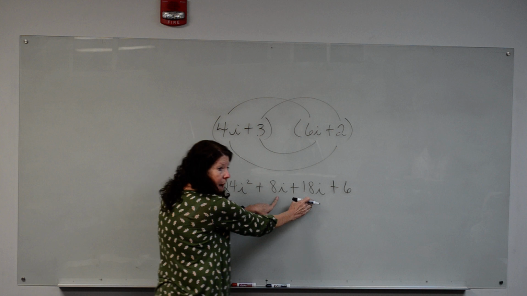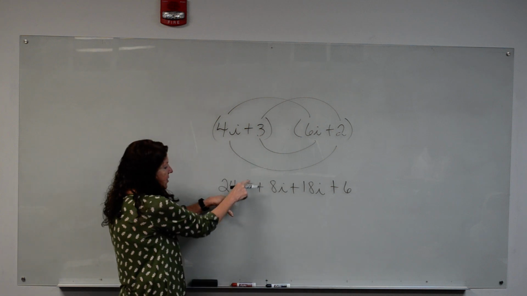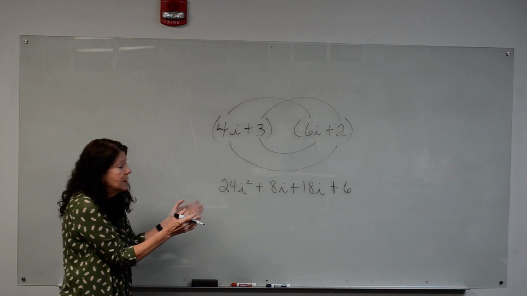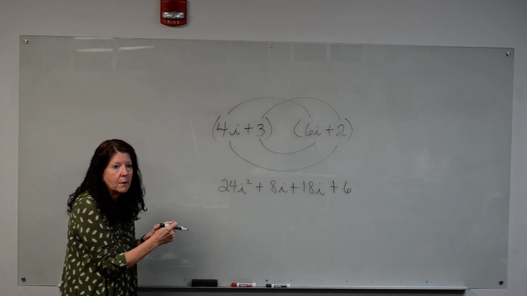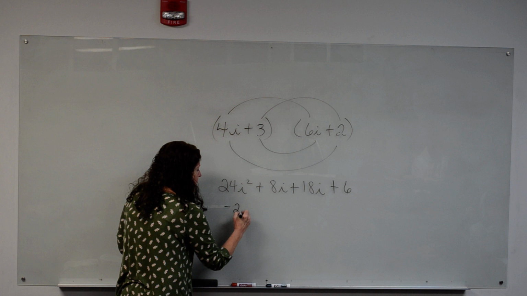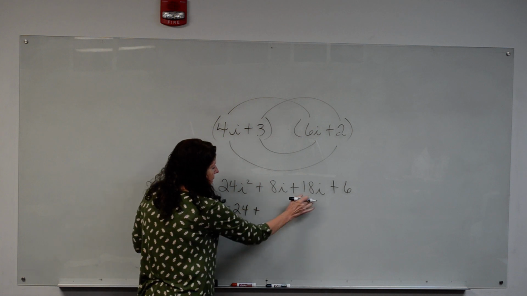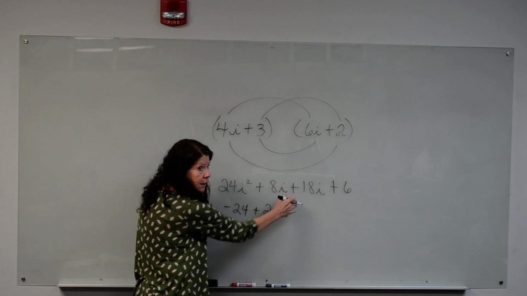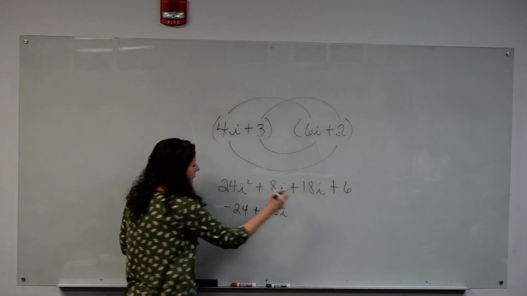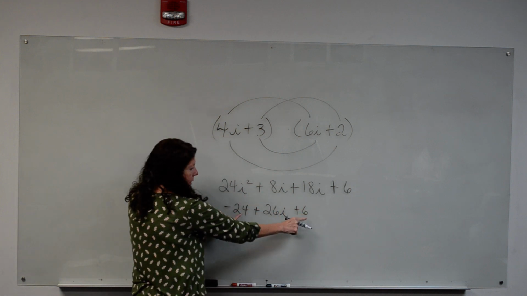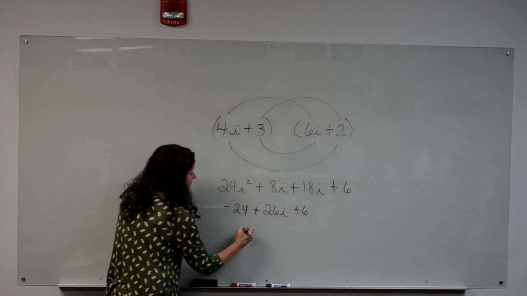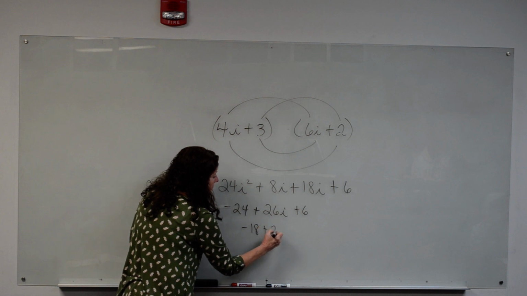I can take that i squared, and it becomes negative 1, right? So what's negative 1 times 24? Negative 24. Plus, when I add those two, I'm going to get 26i, not i squared, because I'm just adding them. Plus 6. Now the only thing I can do is combine the negative 24 and the 6. So that's going to give me negative 18 plus 26i.